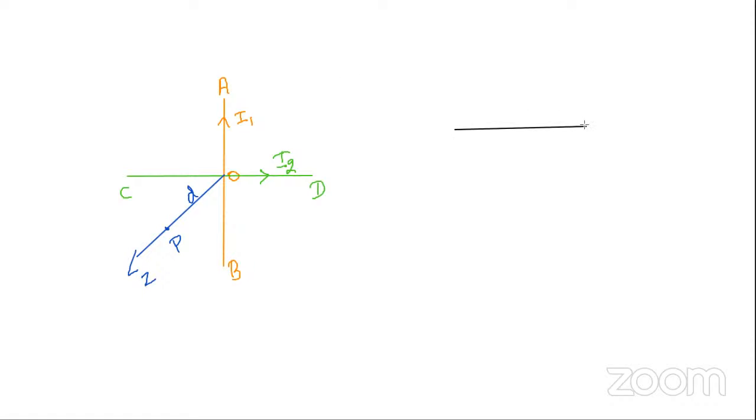If you consider this B1 and this B2 at the point P, you have magnetic field B2 produced by wire COD and magnetic field B1 produced by wire AOB.